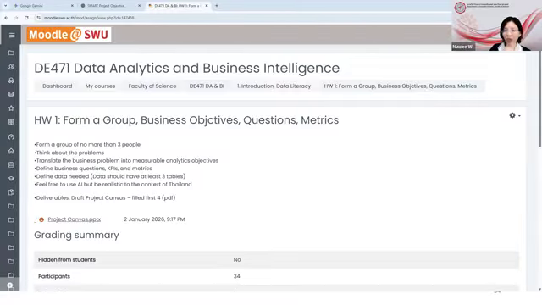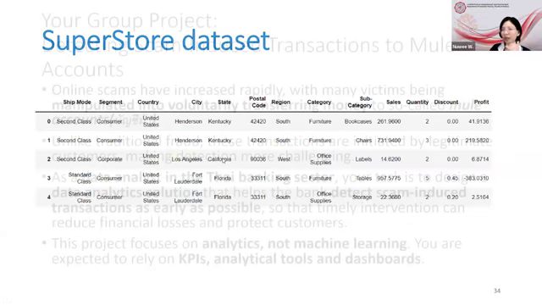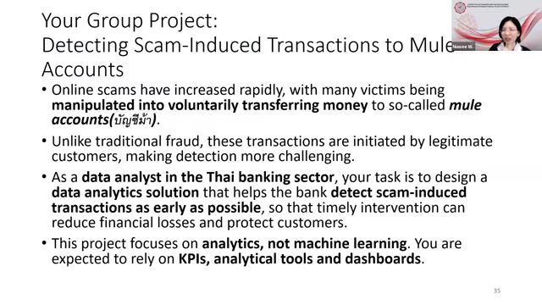What is the homework? Usually it's the progress for your project. So what's your project? I come up with the problem for you. This year the problem is about how to detect scam-induced transactions. If you are in the banking industry, you may be an analyst in the Thai banking sector.